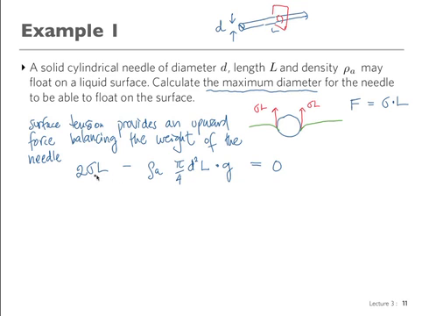Now you can see that everything here is known except for d, the diameter, which is what we need to solve for, such that this whole thing is in equilibrium and the needle floats.